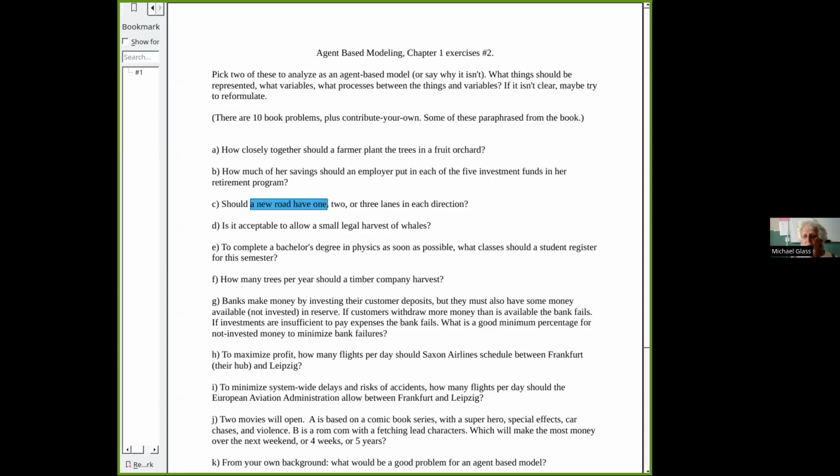So a road could have 1, 2, or 3 lanes in each direction. Again, what are we trying to optimize? And in a realistic case, the authors point out that people do agent modeling on this.